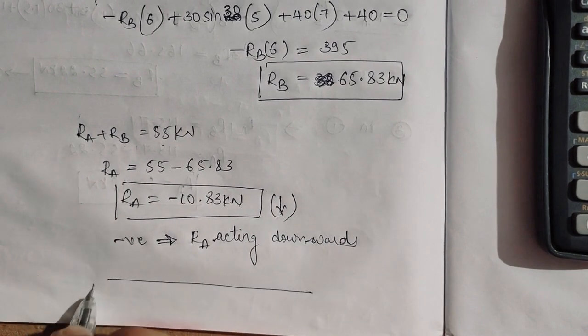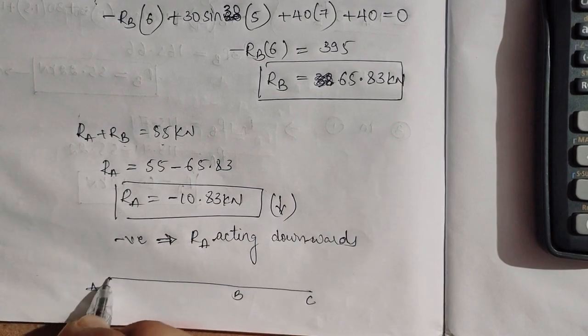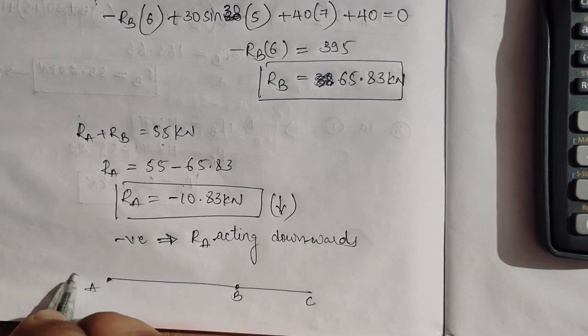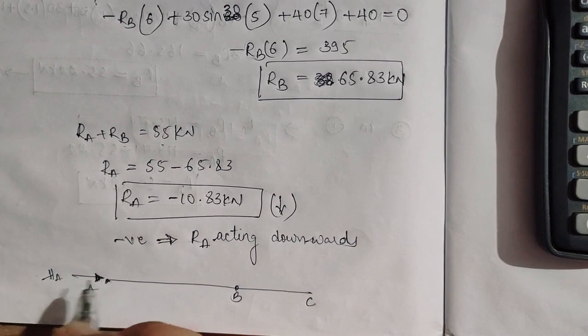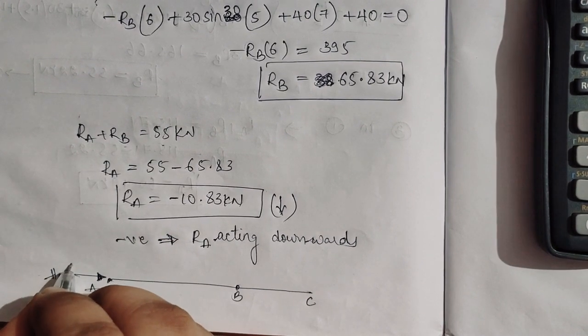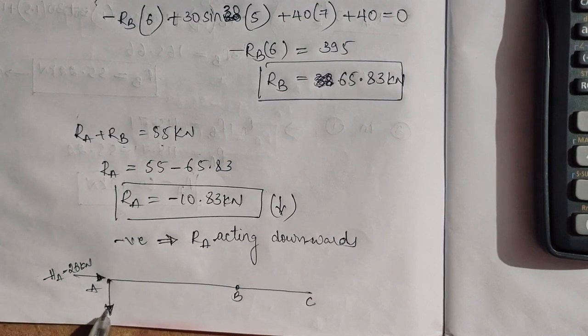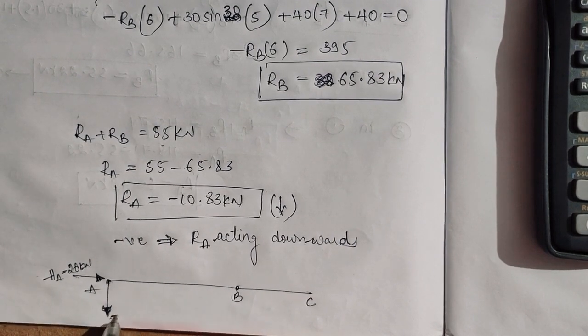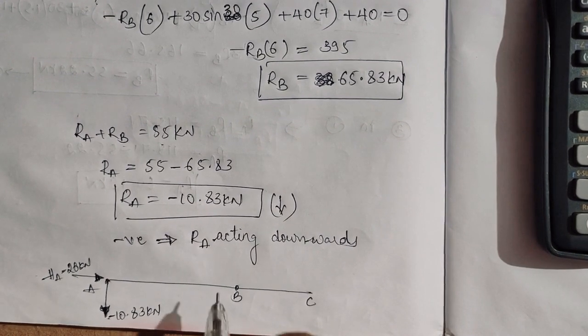That is A, this is B, and here it was C. So HA is positive, we got positive. This is HA, that is 26 kilonewton. So RA is downward, that is 10.83 kilonewton. These are the support reactions.